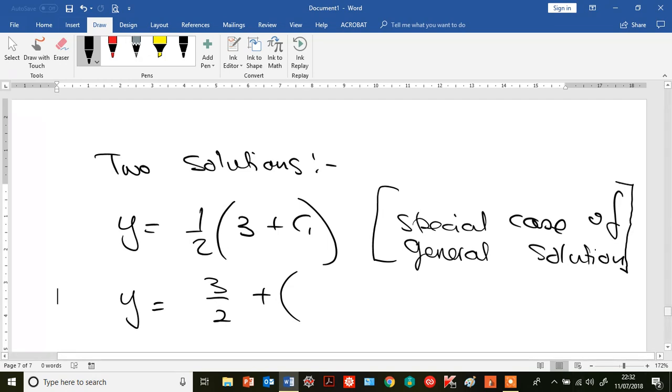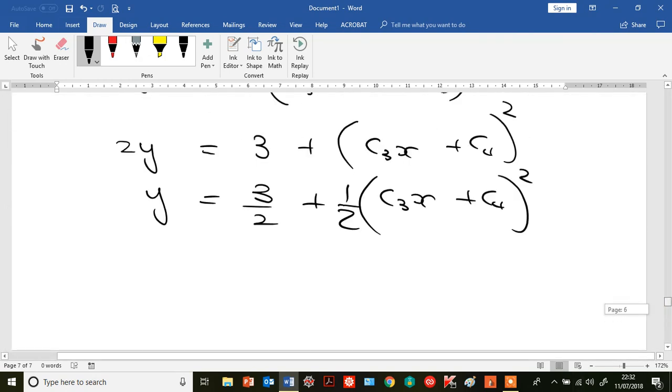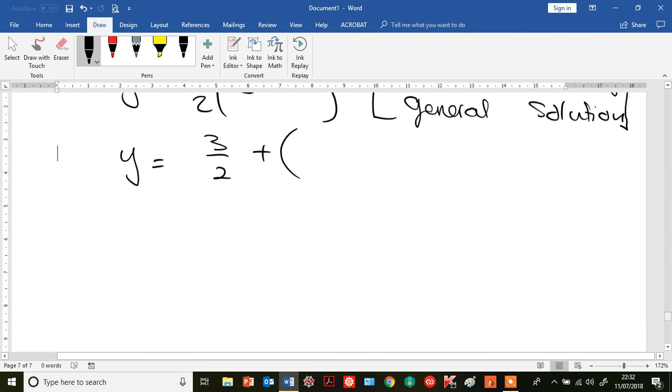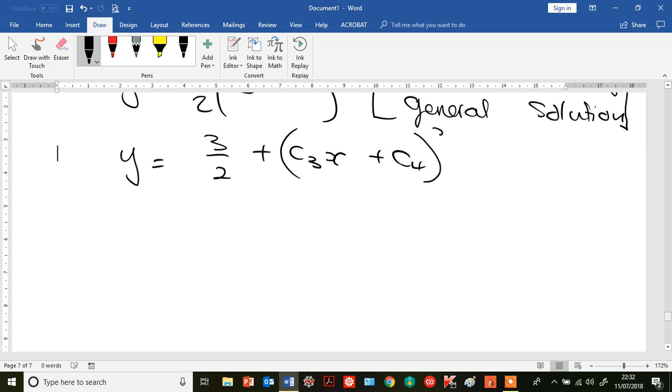I think it's a half of C3x plus C4, all squared, and this is the general solution.